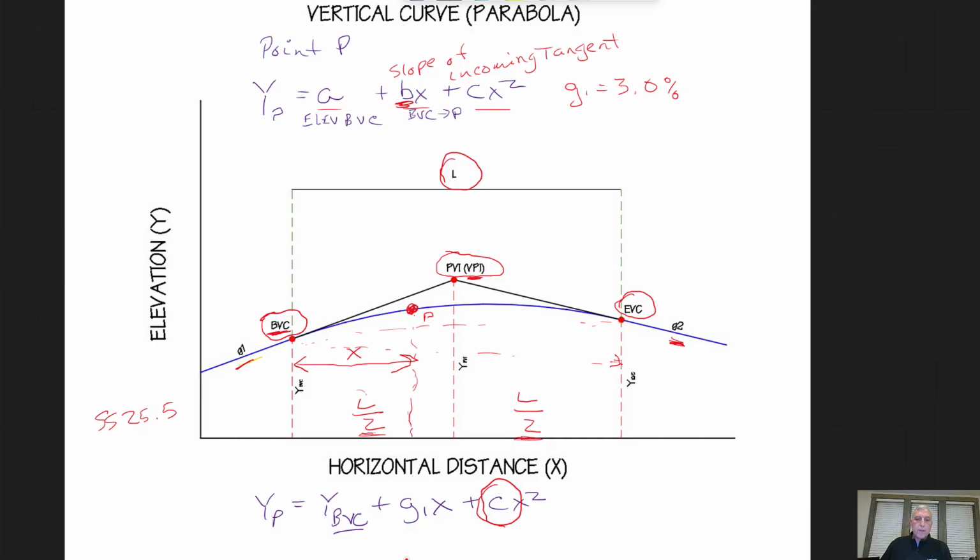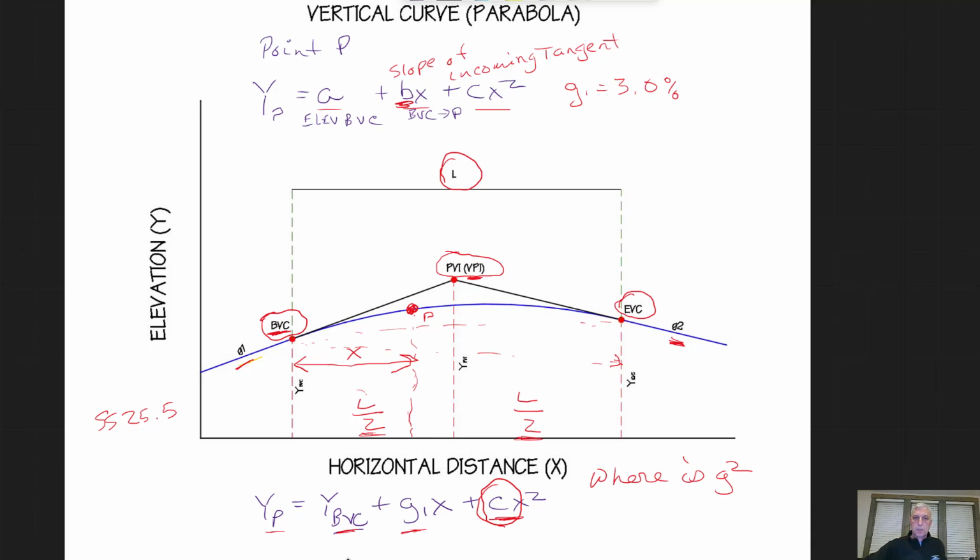If you think about it, we have a known elevation, Y BVC, and we have this known incoming grade, and we want to know this elevation. What's missing in this? Well, there's no G2. Where is G2? We have to account for G2, because otherwise we have just a straight line, right? This is just the equation of a line until we add this component, the CX squared.